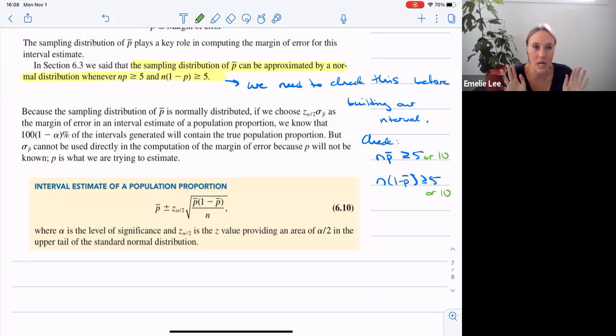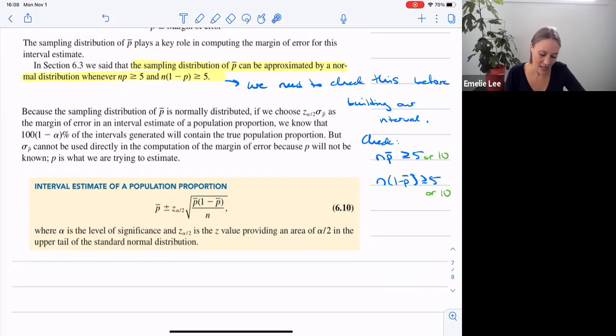If you just want to use 10 across the board, I'm happy with that. I think in business, they don't really care so much. They've relaxed those conditions, whereas in general, because they're not going to deal with proportions that often. And so I suspect that's what's going on. But if you stick with 10 across the board, that's safe.